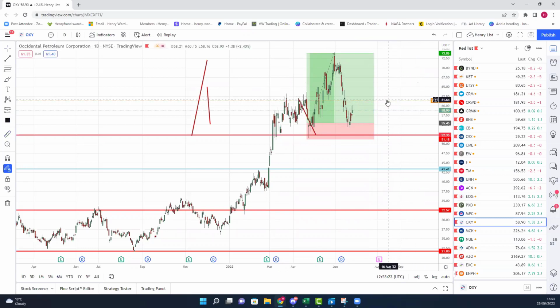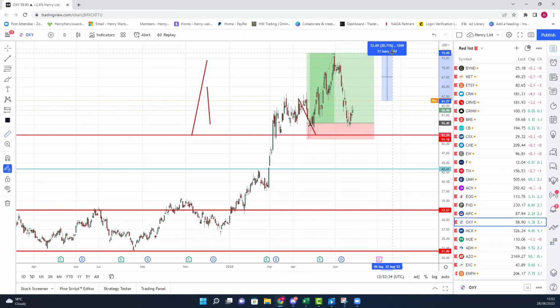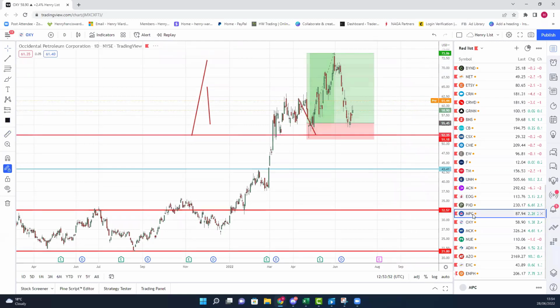Now, obviously, we have the pre-market here, so up to the high from the pre-market is 20%. But again, it's the earnings. I expect the earnings to be very good again, and the same with most of these energy companies, whether it's oil or gas or energy.